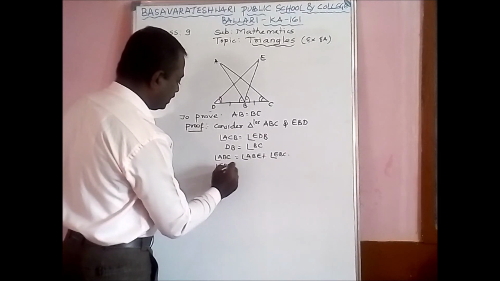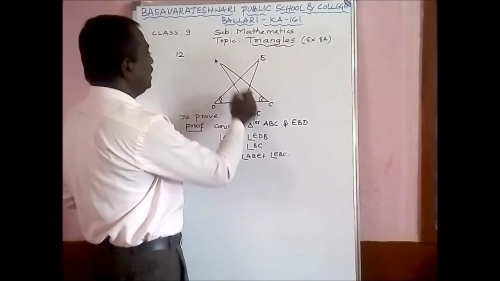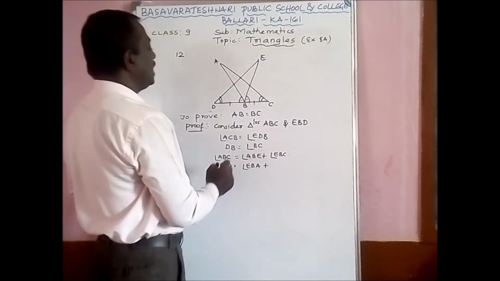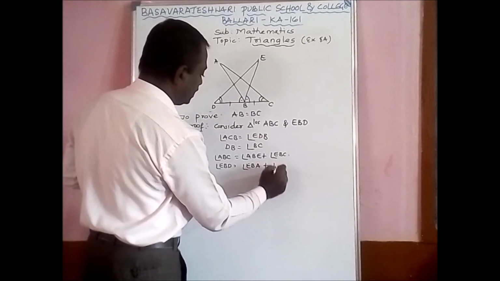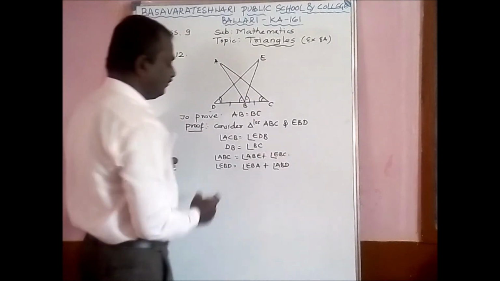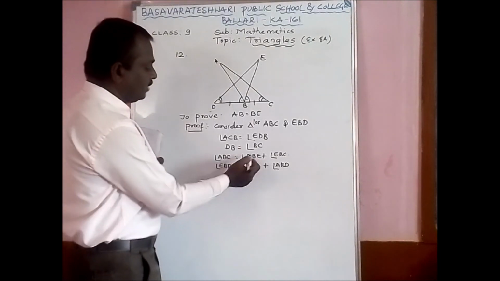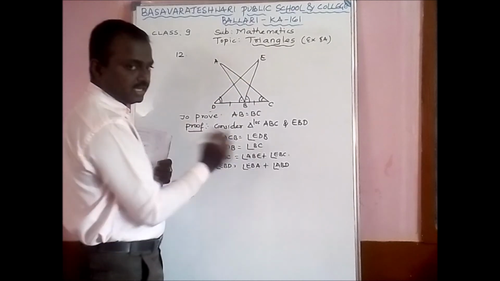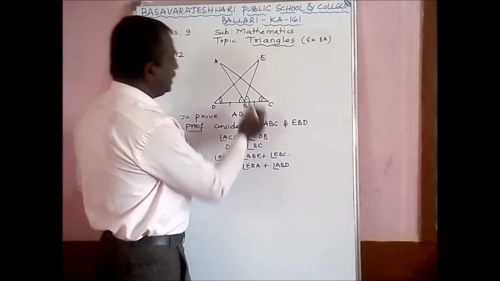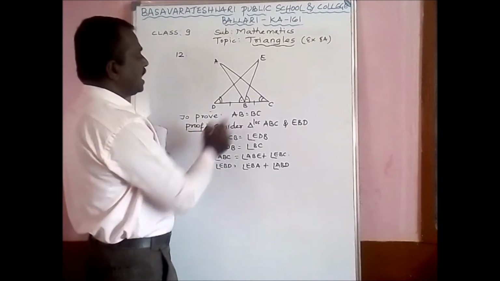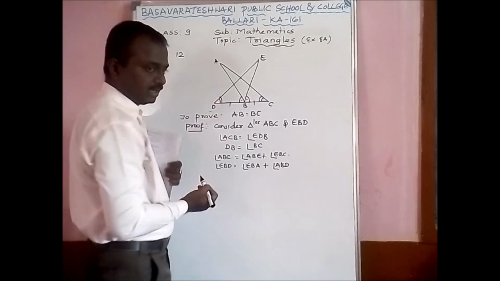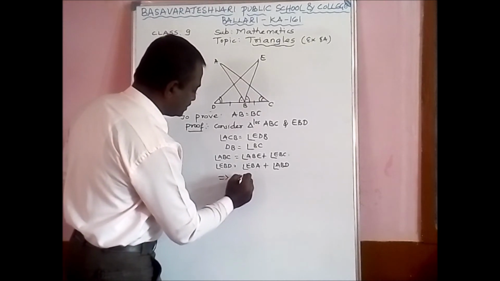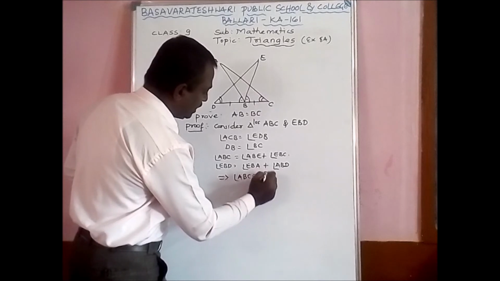Angle EBA plus angle ABD. If you observe these two equations, ABE and EBA are the same, common angles. They are equal. Similarly, angle EBC and angle ABD are also equal. They are given. So therefore we can say angle ABC is equal to angle EBD.